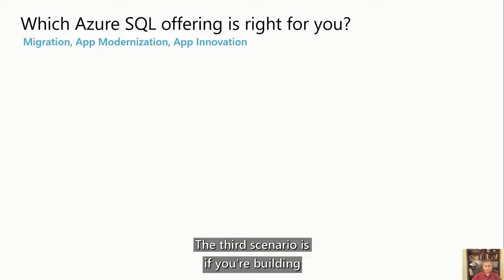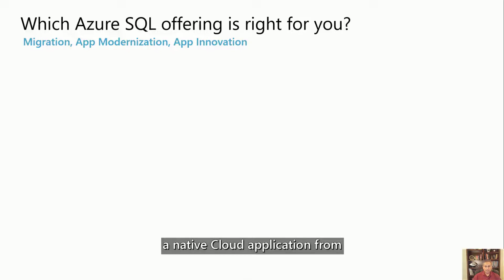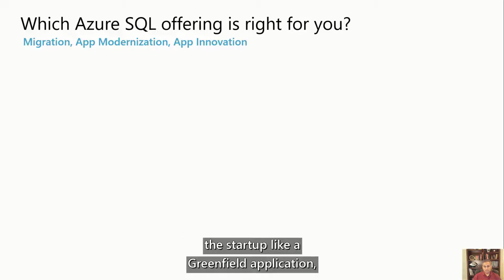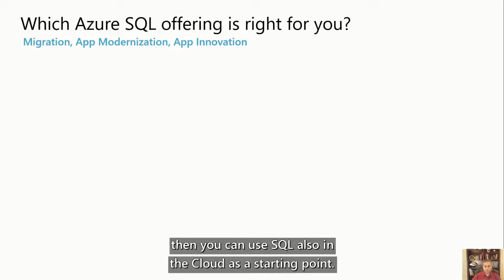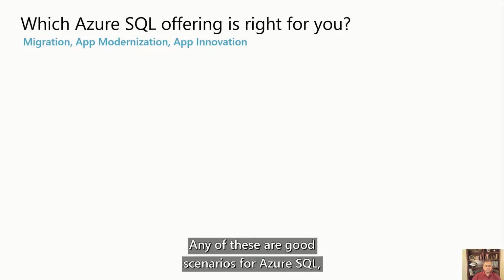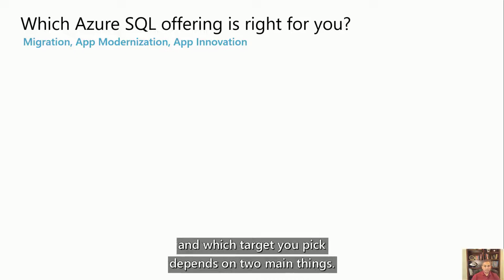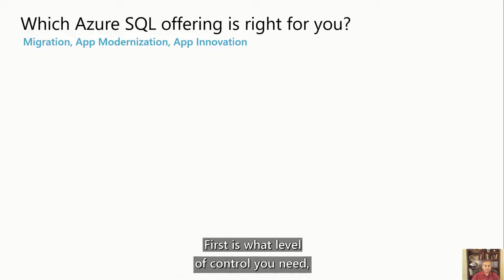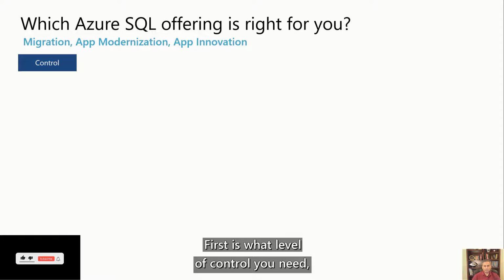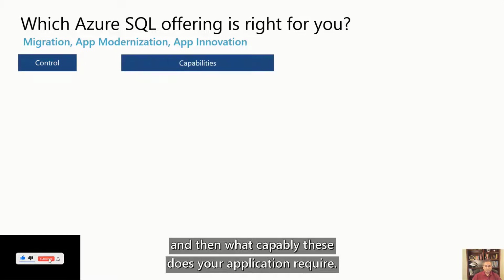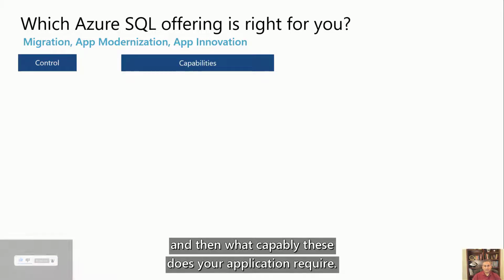And the third scenario is if you're building a native cloud application from the startup, like a greenfield application, then you can use SQL also in the cloud as a starting point. So any of these are good scenarios for Azure SQL, and which target you pick depends on two main things. First is what level of control you need, and then what capabilities does your application require.